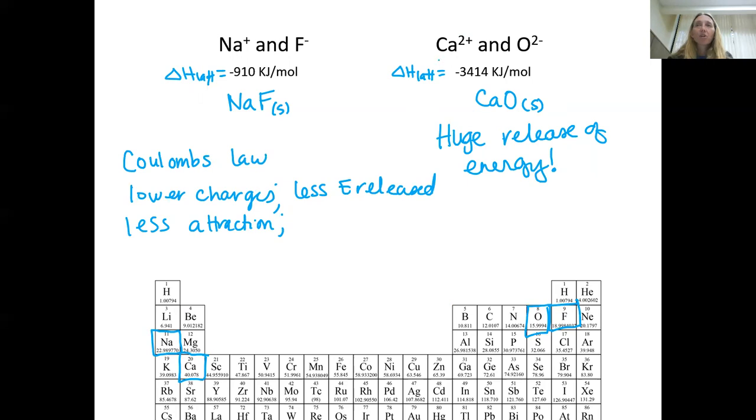And so the stronger the attraction, right? If we have a +1 going towards a -1, they're attracted to each other, they're going to come together and release energy, right? But here, if I have a +2 going towards a -2, these are bigger charges. There's going to be a much stronger attraction. So when these get close together, they're going to come together quick and they're going to release a lot of energy. So lower charges, less energy released, and stronger charges, stronger attraction.